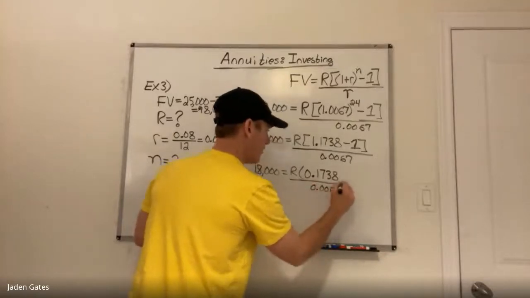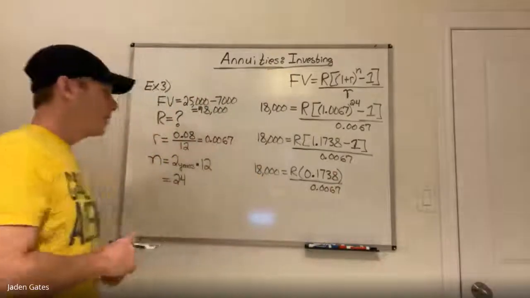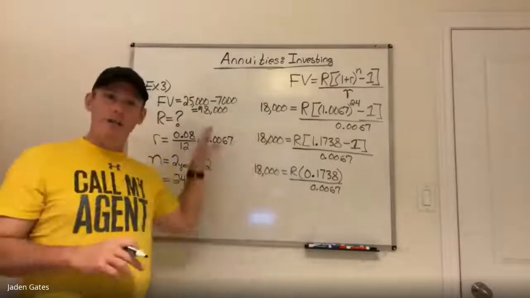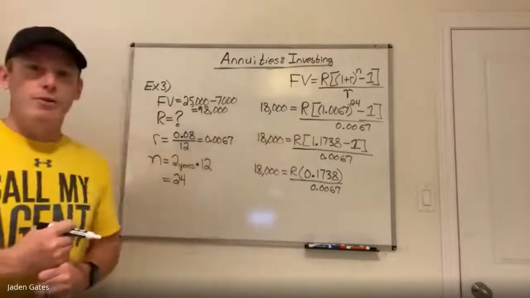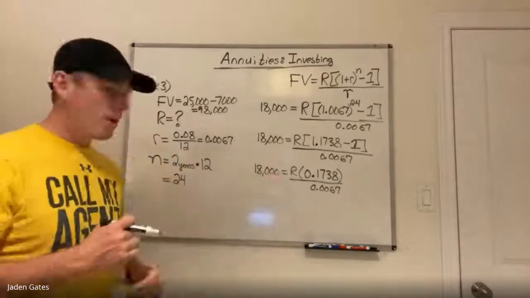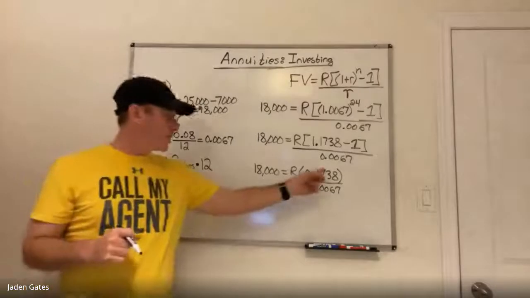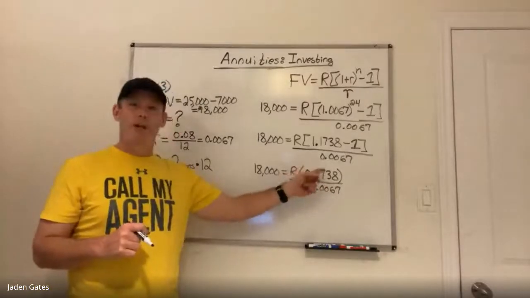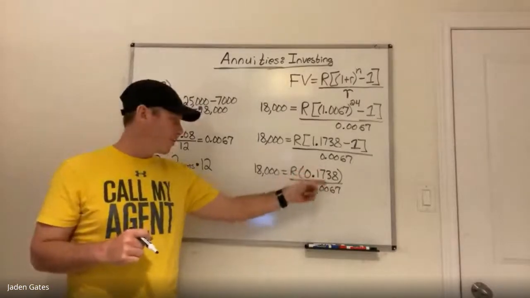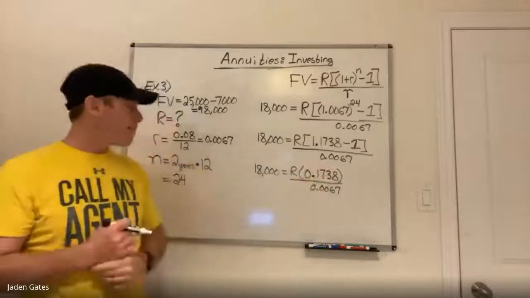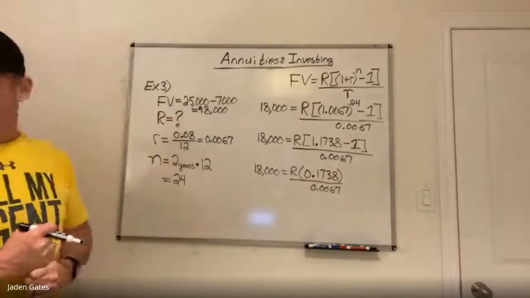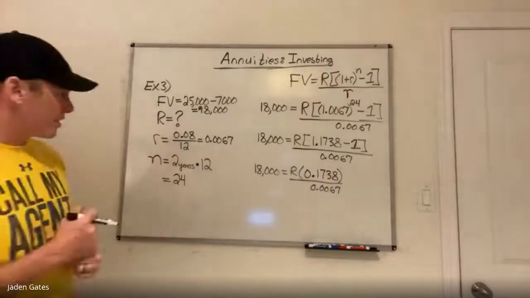And again, divided by 0.0067. There we go. Now, this is where I find, after all of this, that a lot of students have trouble with finishing this off. They get a little stuck here. Well, all I'm going to do is put these two numbers together because it's a division. I have a numerator and I have a denominator. So I can take that 0.1738 and divide it by the 0.0067.